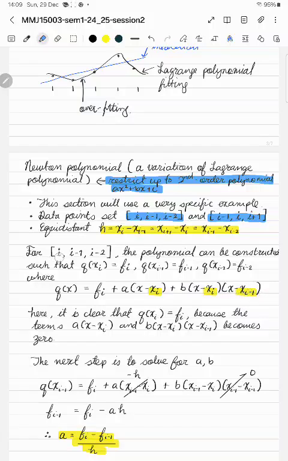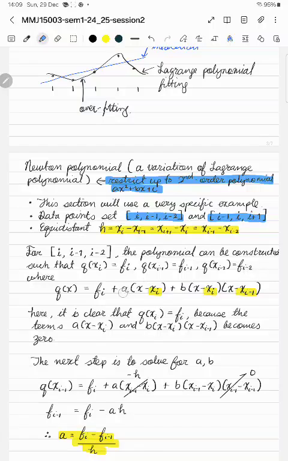So from these data points i minus 1 and i minus 2, we will pick a point starting from our reference i, and then i minus 1. Now what we have to do is solve for a and b using the values from xi minus 1 and xi minus 2, which in our case will be f_i minus 1 and f_i minus 2.